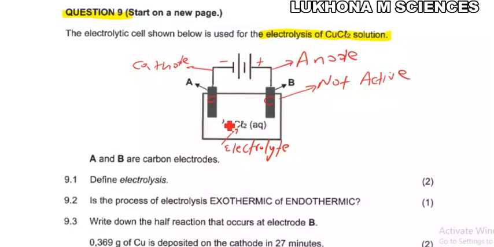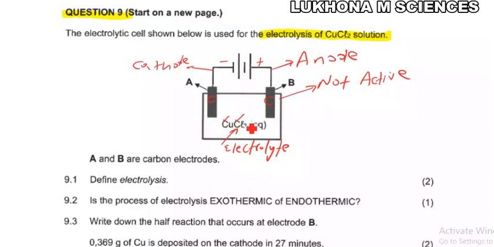Meaning that copper and chlorine will take part in this reaction. One of the two will be oxidized, the other one will be reduced.